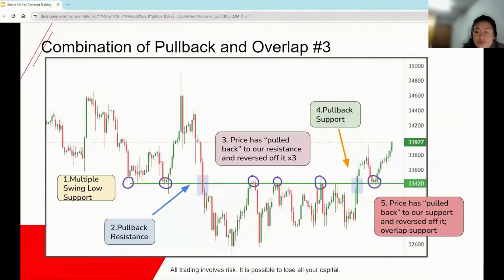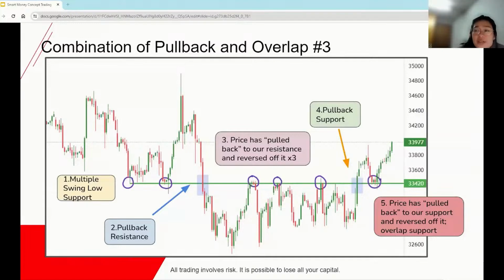Okay, last example for pullback and overlap levels. So here there are multiple swing lows that are in line at the 33420 support level. Once price breaks below that level, it becomes a pullback resistance at point number 2.